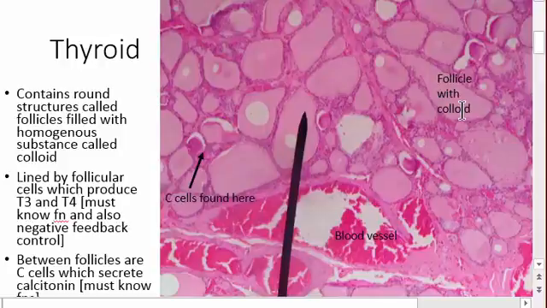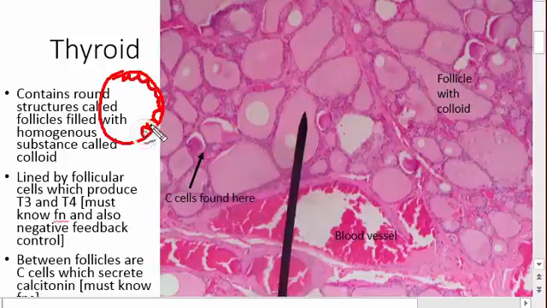So a follicle is a round structure lined by cuboidal cells, and inside the follicle you have this colloid. So that's what the thyroid gland looks like.